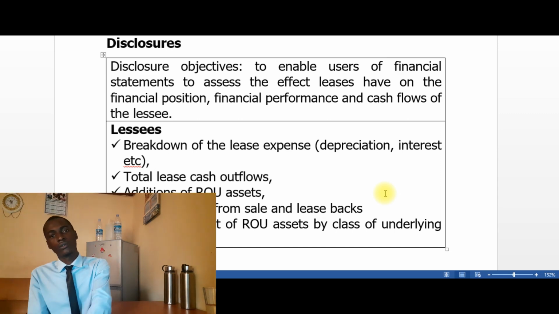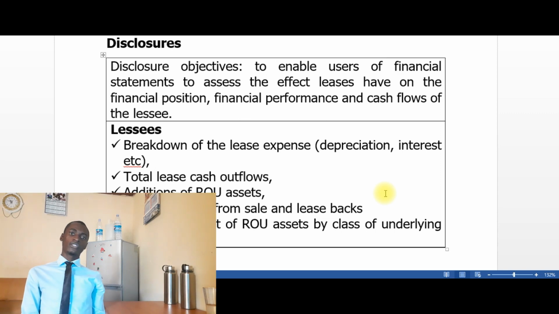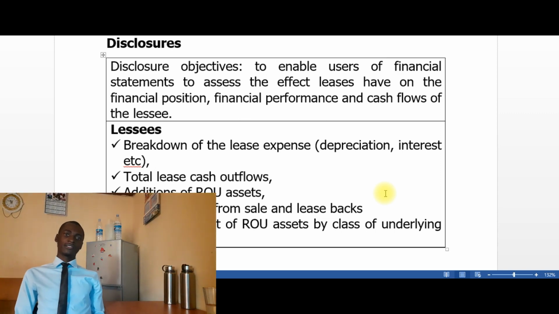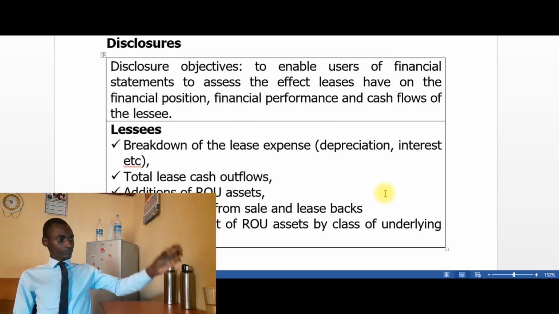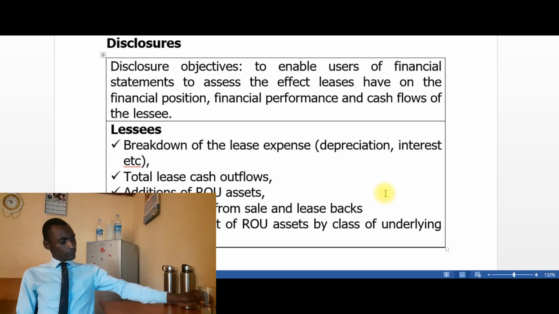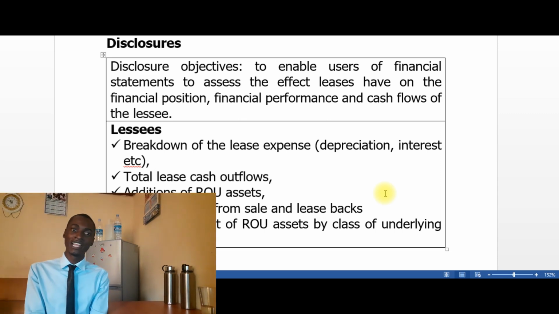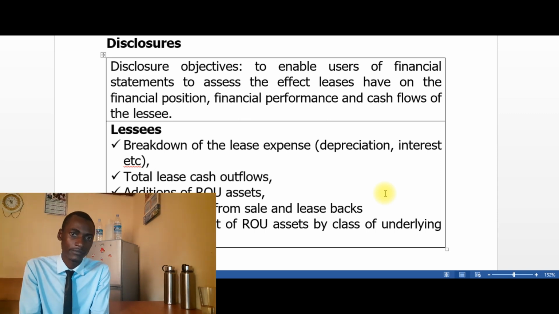Now, what are the disclosures? What information should be disclosed in the financial statements about leases? We need to know what the disclosure objectives are. Why do we need to disclose information about leases?